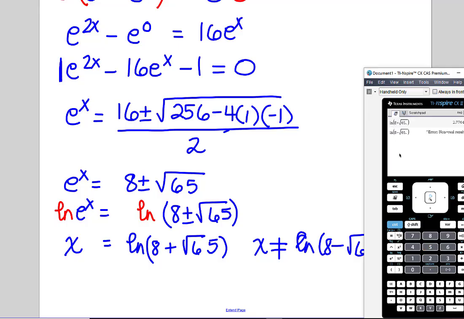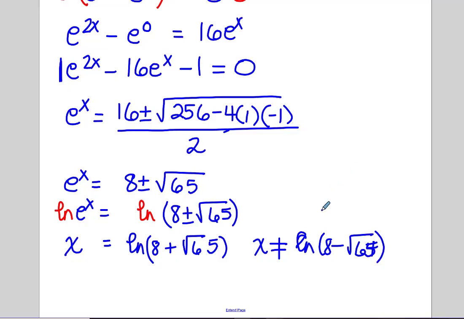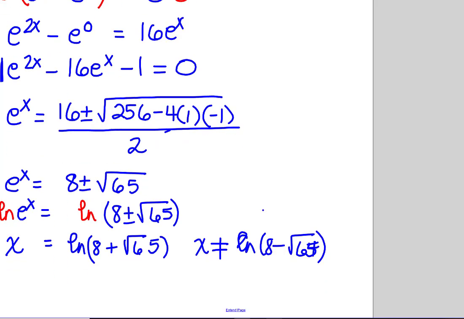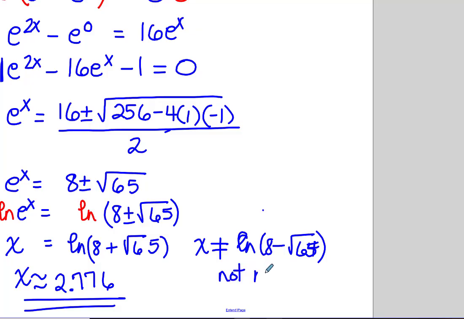So no real solution on that portion. So, whoa, I'm losing my screen here. So this one is about 2.776, and this one is not real. So no solution on that part.